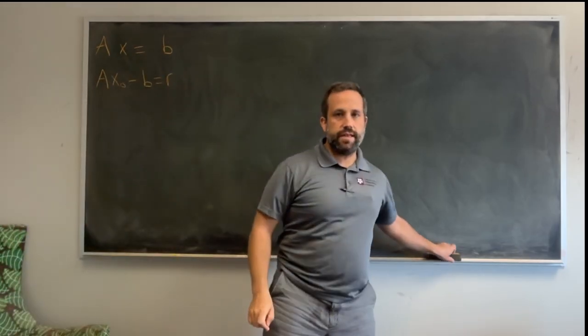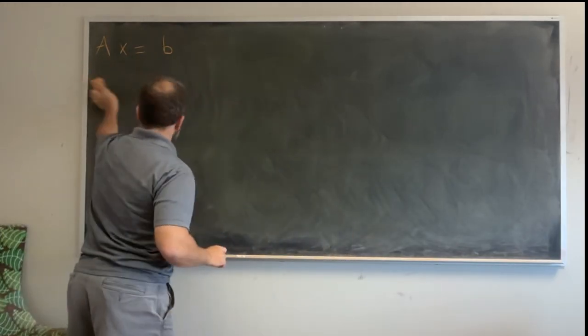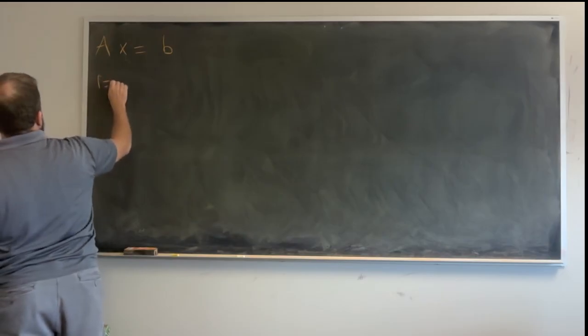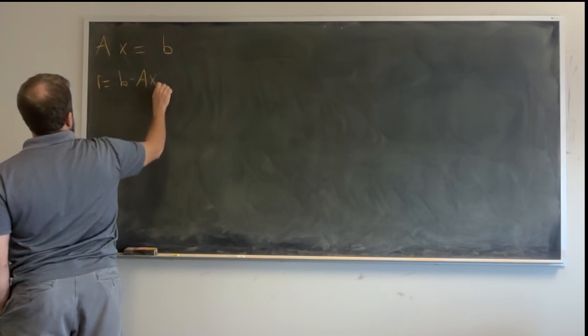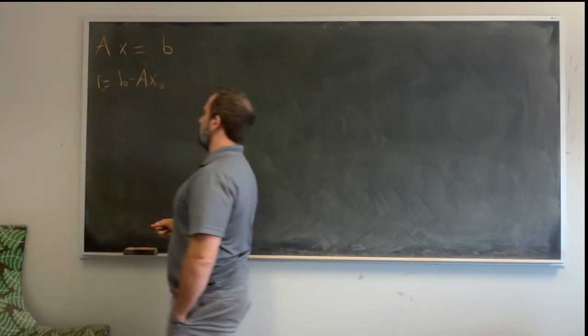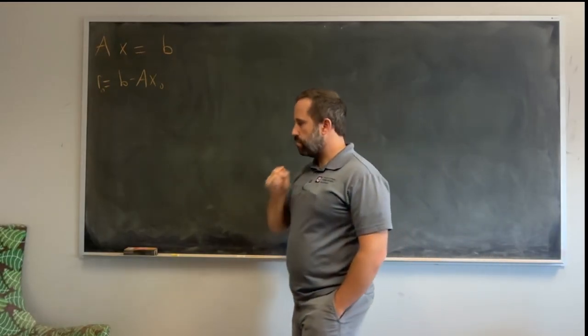Of course, that's the negative of the residual, so let me write it the way that we normally write it, which is r is equal to b minus Ax0. Okay, and just to let us know what we're dealing with, we're going to call this r0 is equal to b minus Ax0.